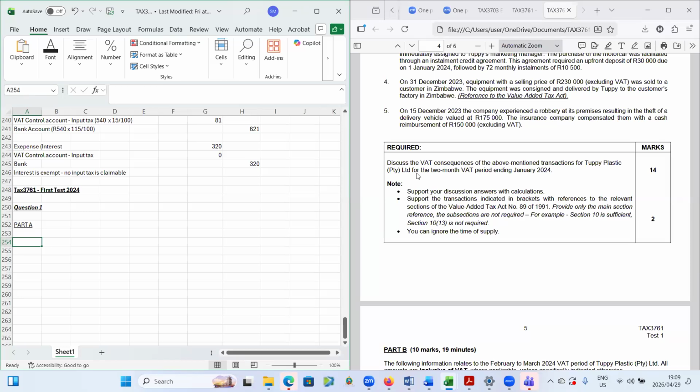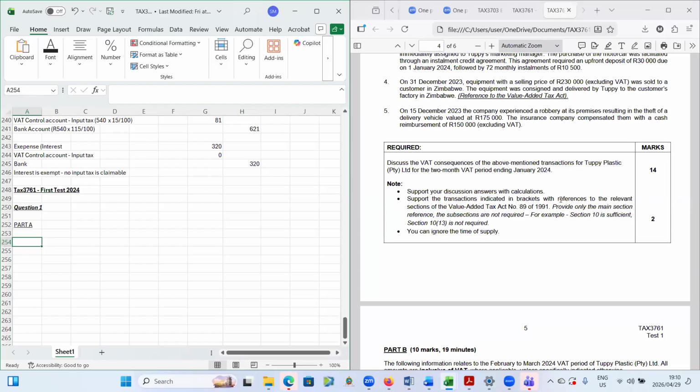If the question says discuss VAT consequences, what are you required to do? What are you required to do? For each transaction, and support your discussion with calculations.